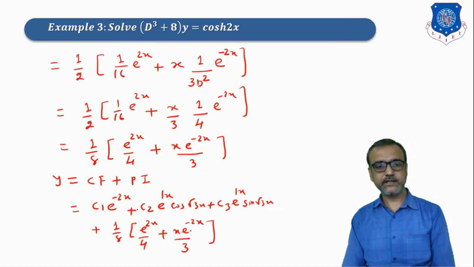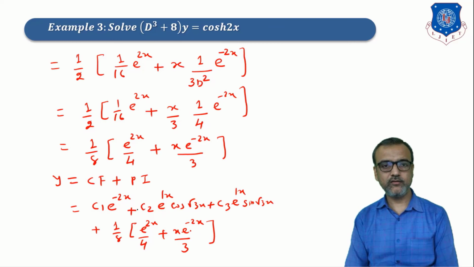So this is the required general solution of the given differential equation, that is D cube plus 8 y equals hyperbolic cos 2x.